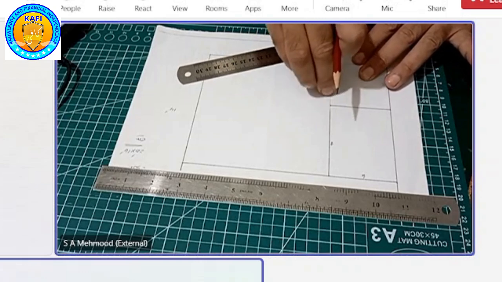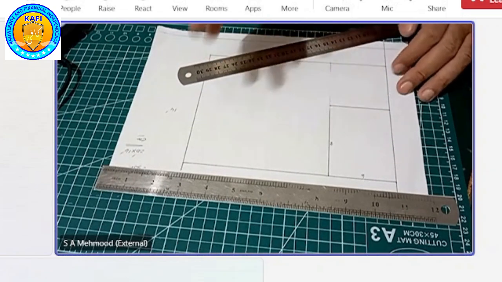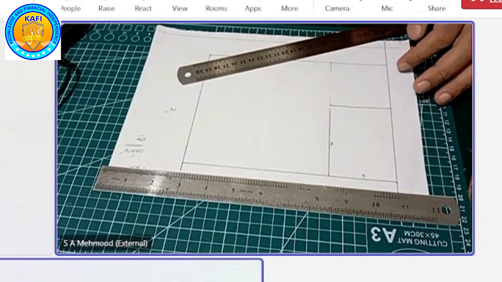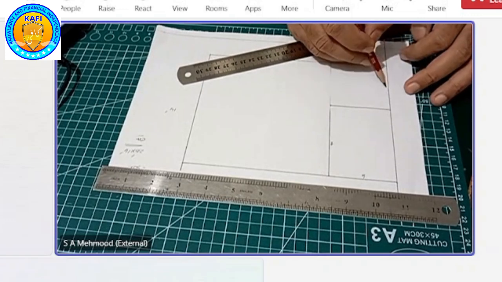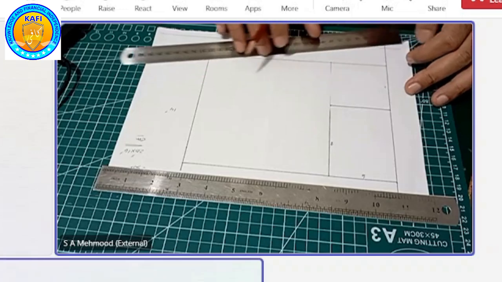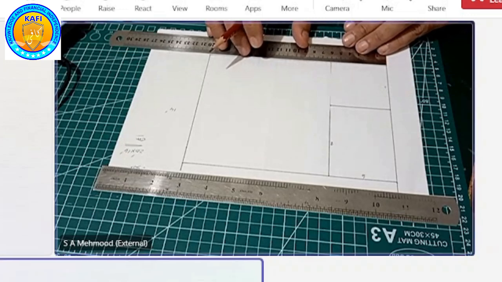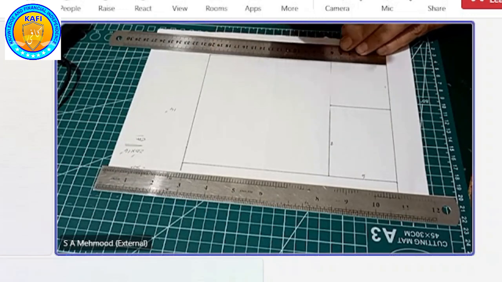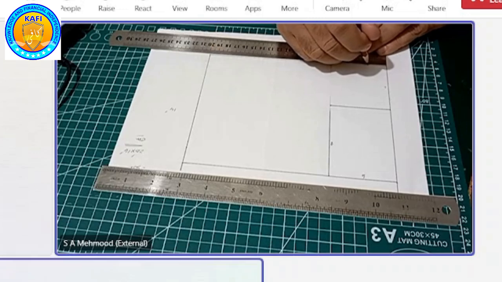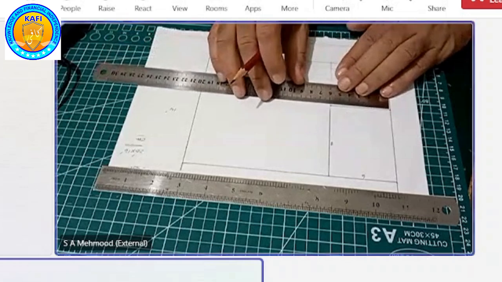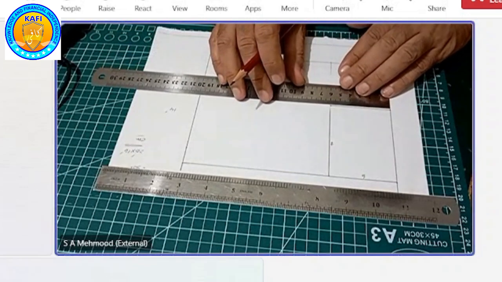This is our dressing room. So this dressing room is now 6 feet like this. Okay. And I want a cupboard here. That cupboard is 2 feet. I'm just going to put the mark here on 2 feet. Another mark here on 2 feet again.